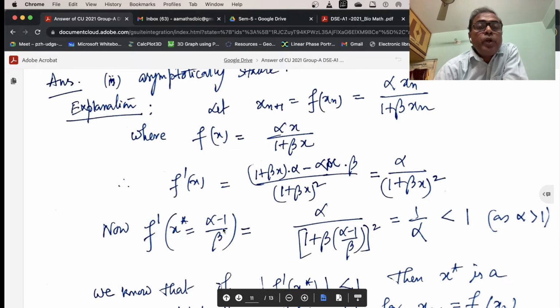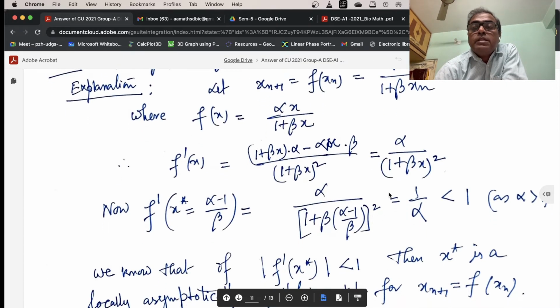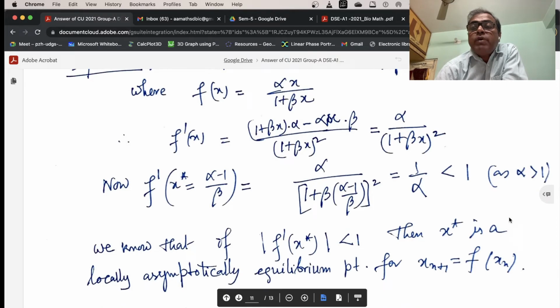Now this is the equilibrium point (alpha minus 1)/beta, so f dash at this equilibrium point x star equals 1/alpha, since beta cancels, minus 1 and minus 1 cancel, and alpha by alpha square gives 1/alpha. This is less than 1 because alpha is greater than 1.